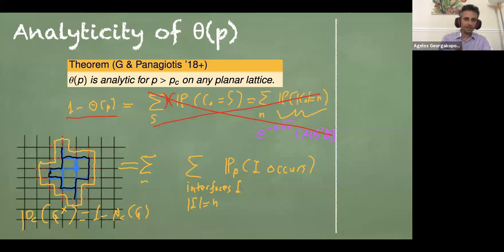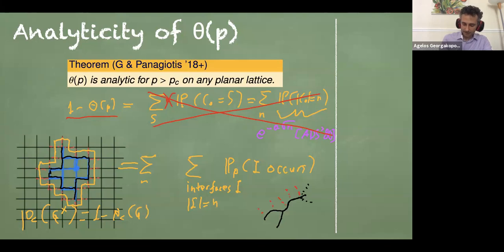Now, let's explore this a bit. Can it really happen? Let's go back to the picture and say that some interface occurs. So in particular, all these edges are closed and the black edges are open. Can it happen that some other interface intersecting it also occurs? This could go inside or outside, it doesn't really matter.